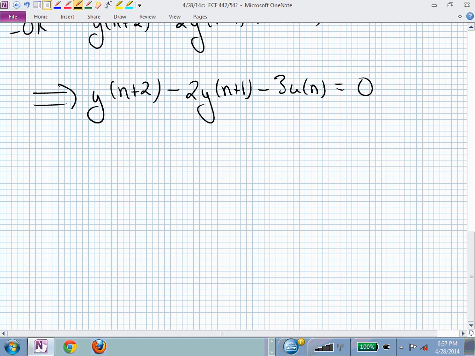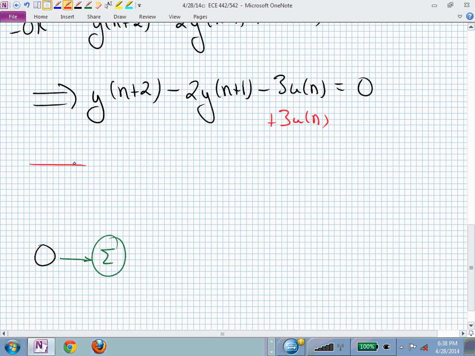Now I can build an all delay block diagram that will implement or solve or satisfy this time invariant difference equation. Meaning, I can now say, suppose I inject 0 into this summing junction. Or really, it's y n plus 2 minus 2y of n plus 1 minus 3u of n coming into that summing junction. If I now add to that summing junction, I have access to u of n.